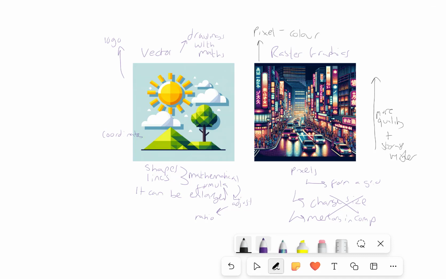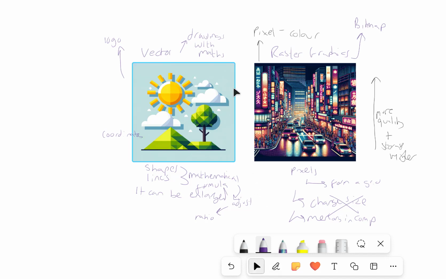An example of raster graphics is known as a bitmap. So what we have here is a bitmap image. What we have here is a vector image.